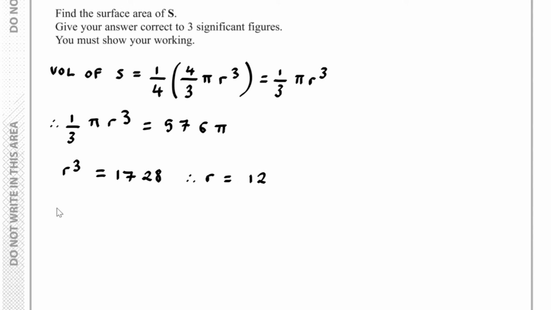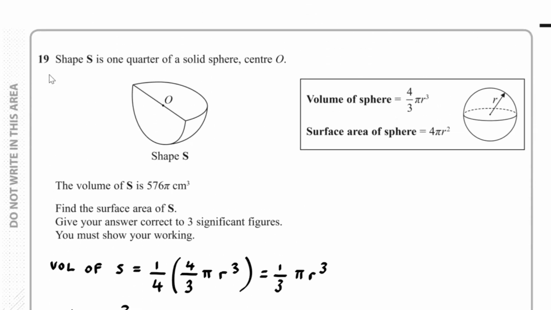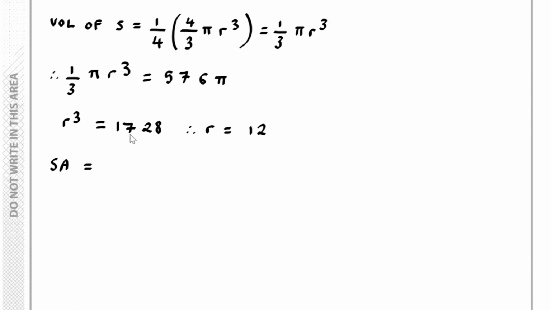Now how do I find out the surface area? Well, I've got the semicircle here and the semicircle here, so 2 semicircles make a full circle, so that's pi r squared. So let's just write this down. We've got 2 semicircles, and that would make a full circle.